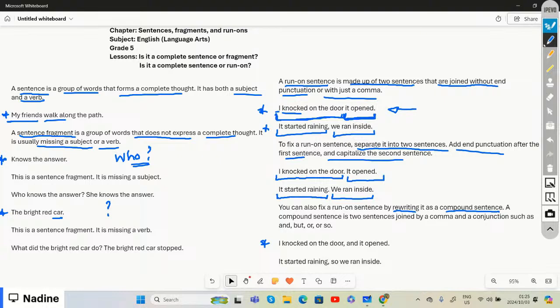So I knocked on the door and it opened. So there we have our two sentences, but they are joined by a comma as well as a conjunction.